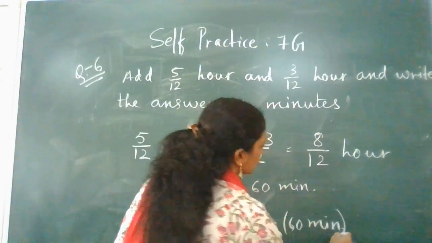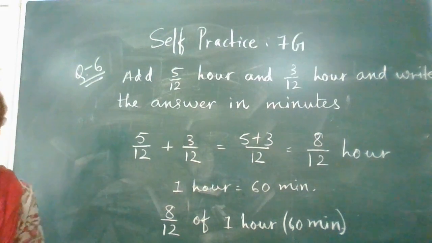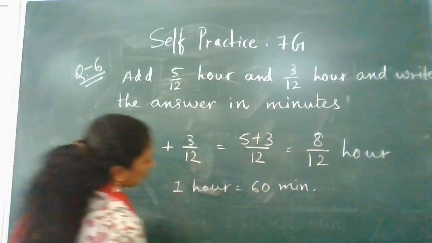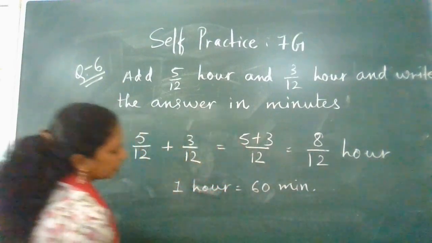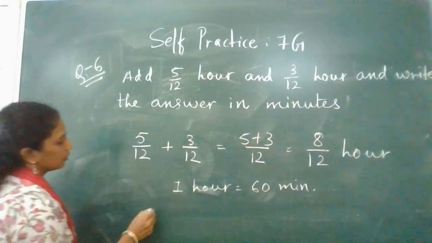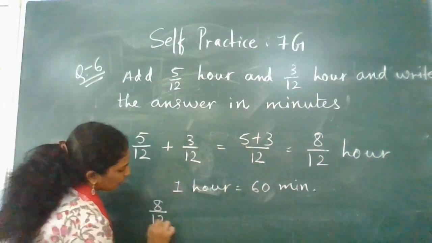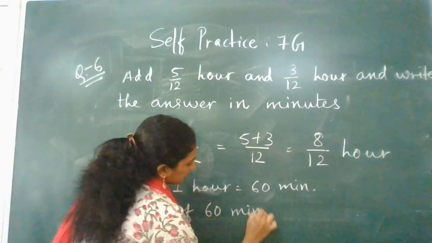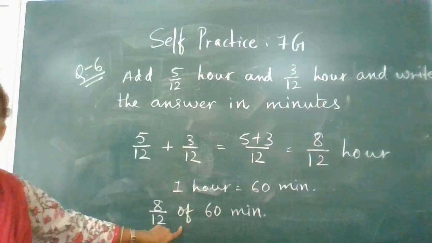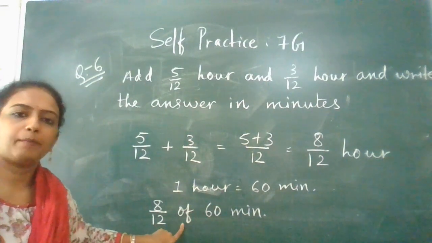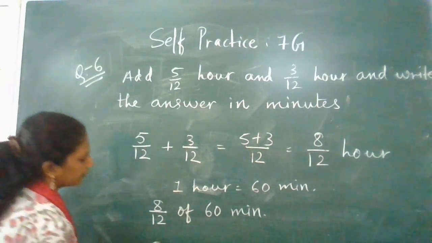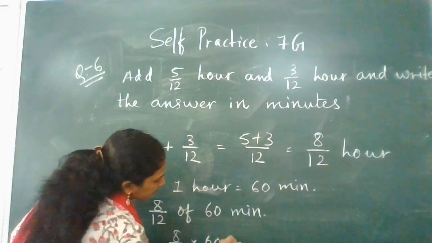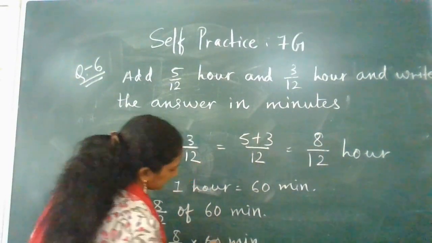So we have to do the calculation with the minutes. So here we'll be finding the answer in minutes. 8/12 of 60 minutes. Now we all know this method, that 'of' is to be replaced by a multiplication sign. So 8/12 multiplied by 60 minutes.